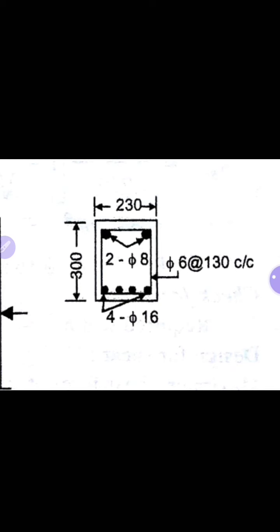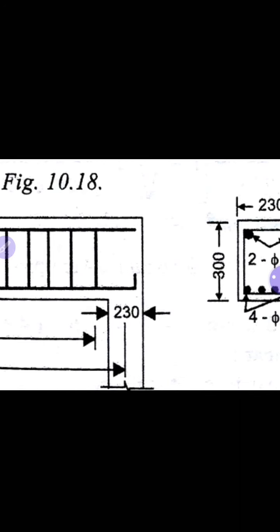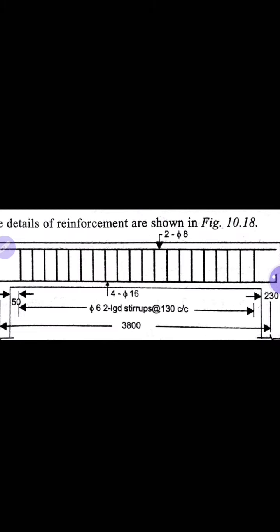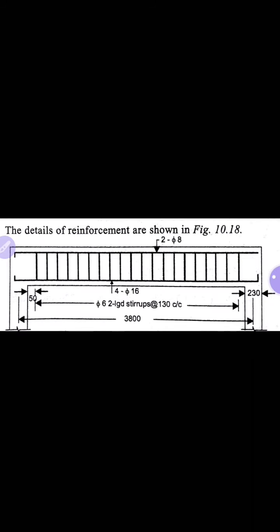These 2 top bars are called anchor bars, and this internal rectangle is a stirrup which we have provided at 6 mm diameter at 130 mm center to center. You can see now this is the longitudinal section. Vertical lines are stirrups, horizontal lines at the bottom are bottom bars, and horizontal lines at the top are anchor bars.